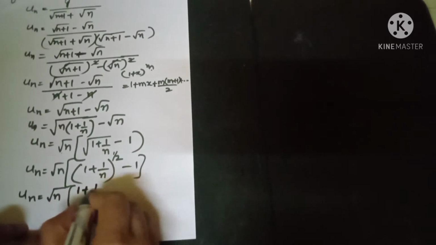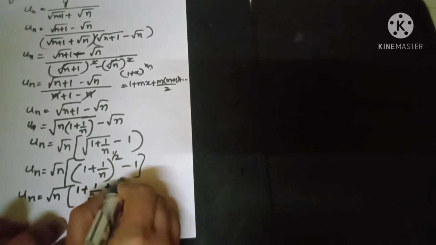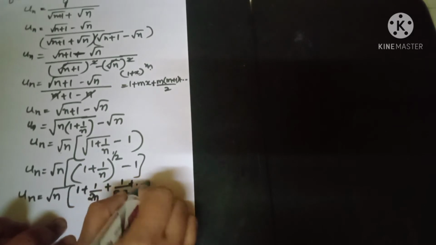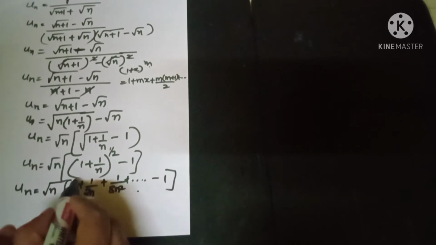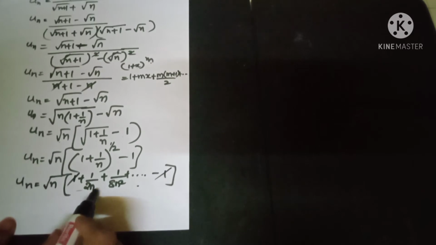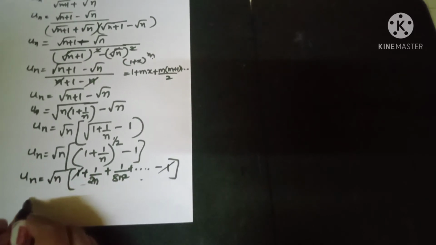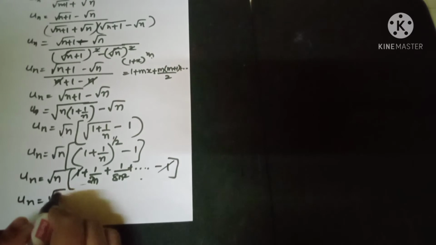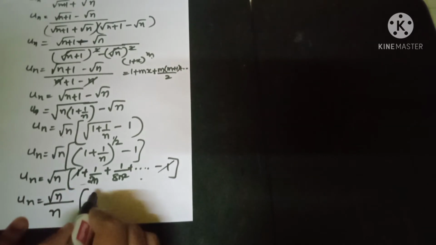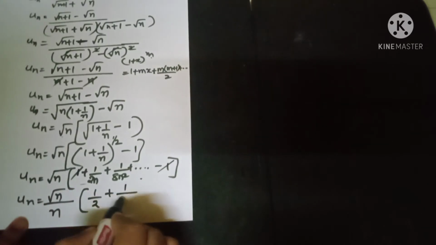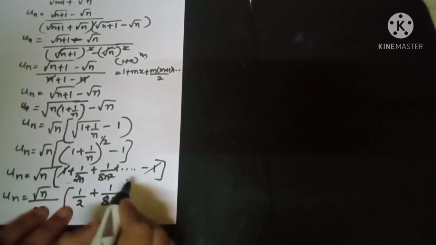So if you substitute here, what we get is 1 plus 1 by 2n plus 1 by 8n square plus etc. The binomial expansion of this will be this expansion. Minus 1 remains as it is. This series minus 1. So plus 1 and minus 1 get cancelled and we are left with this, where I will take this n outside. Un is equal to root n by n, 1 by 2 plus 1 by 8n plus etc.